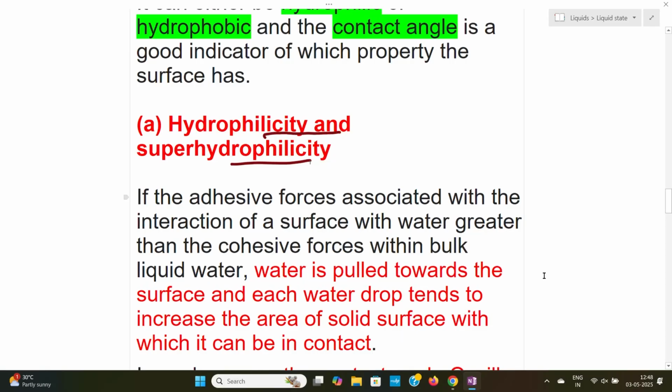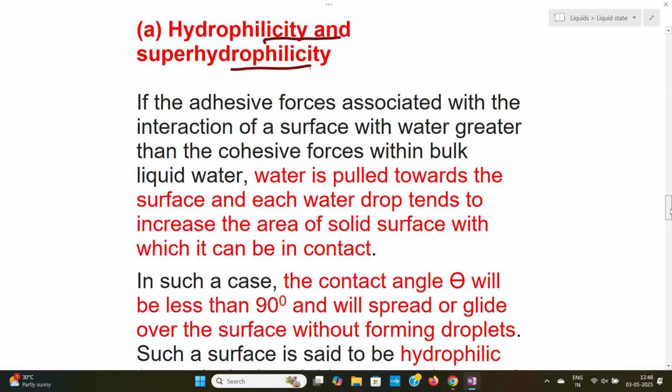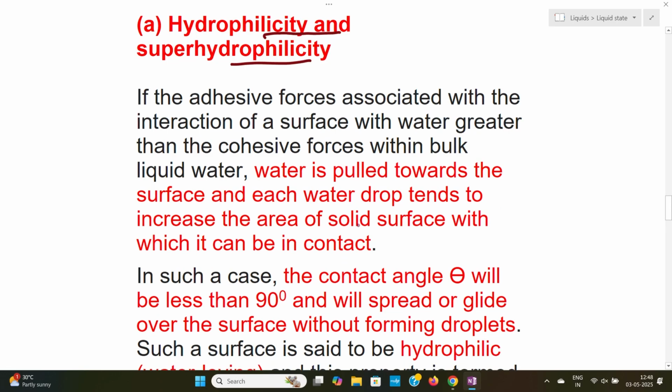As the name says, hydrophilic surfaces means it is related to the attraction of the liquid molecules towards the solid surface. That is hydrophilic surfaces. This hydrophilicity and superhydrophilicity depends upon the adhesion of the liquid molecules and the solid surface.